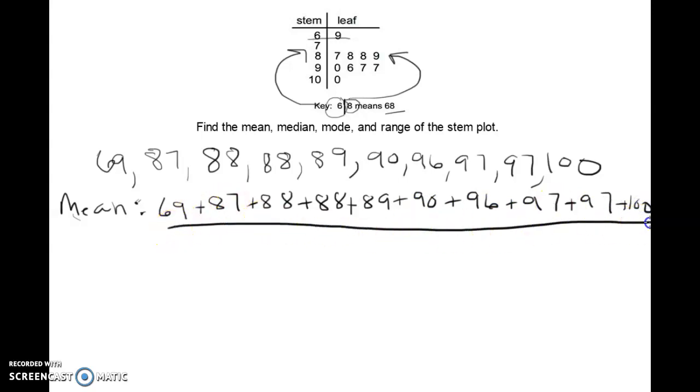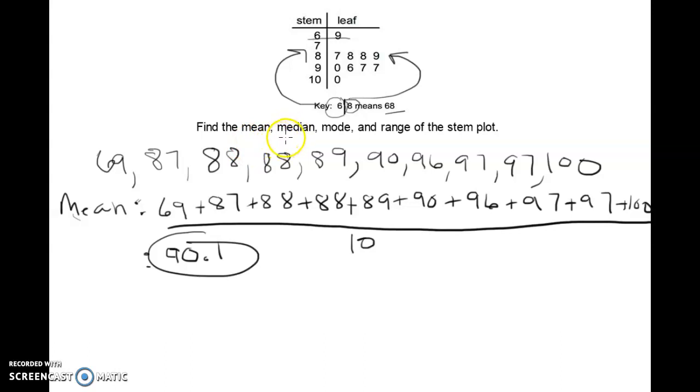And now I'm going to divide this by 1, 2, 3, 4, 5, 6, 7, 8, 9, 10 numbers. So I would add all of those up and then divide that by 10. And when I do that, I'm going to get 90.1. So that is going to be the mean.